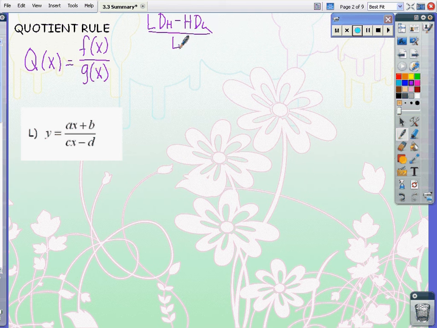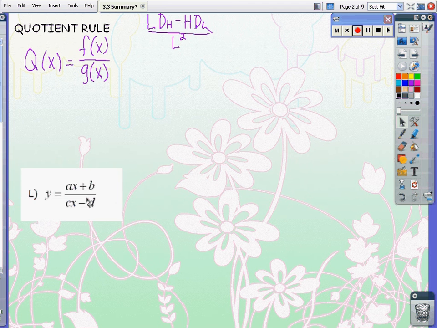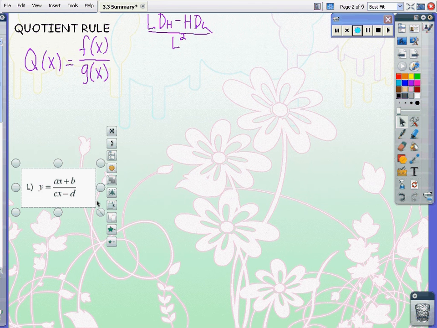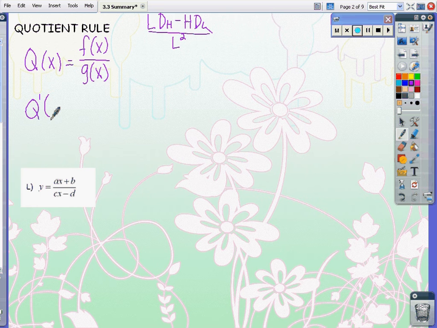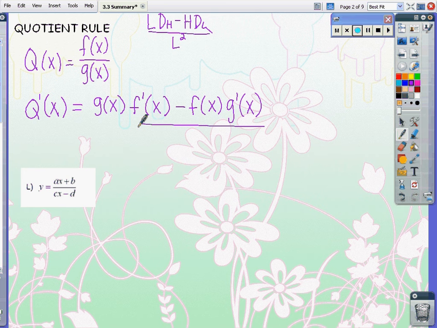So the derivative of this function, and I'm going to move our problem down a little bit. The derivative of our function q, so anytime you want to take the derivative of a quotient, you take the low function times the derivative of the high function minus the high function times the derivative of the low function all over the low function, whole thing squared.